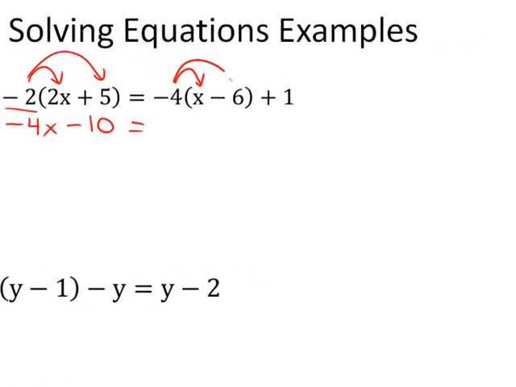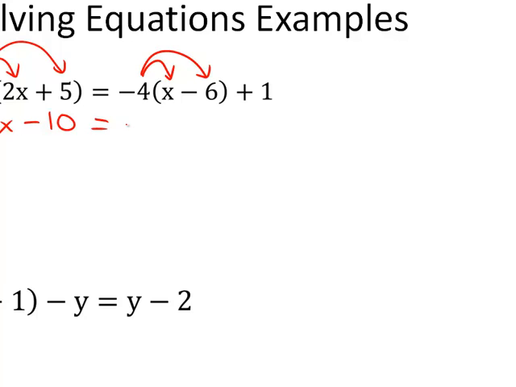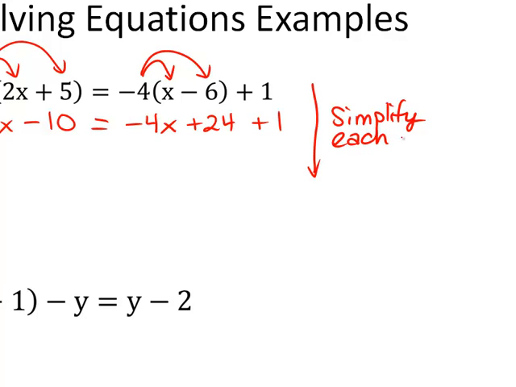Now we can multiply our negative 4 by x, giving us negative 4x, and negative 4 by negative 6, giving us positive 24 plus 1. We're still simplifying each side. You want to do that first before you do any algebraic steps.